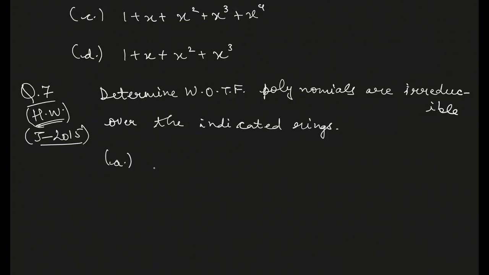Option A: x to the power 5 minus 3x to the power 4 plus 2x cubed minus 5x plus 8 over real numbers.